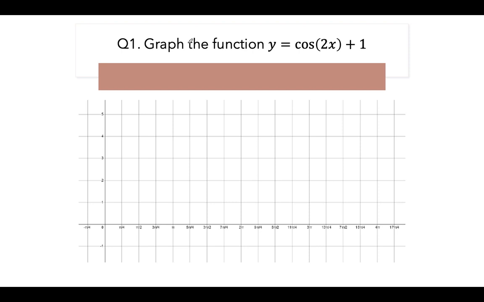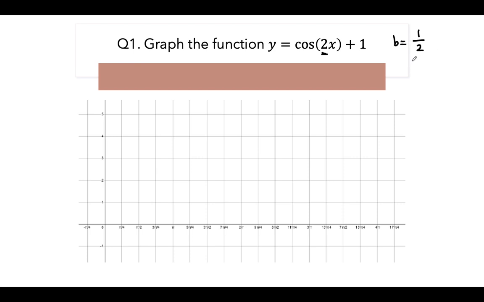Now first, let's describe the transformation. First, we have 2 over here. If I were to take 2 out of the bracket, because it's inside the function, it becomes 1 over 2. That's my B value.